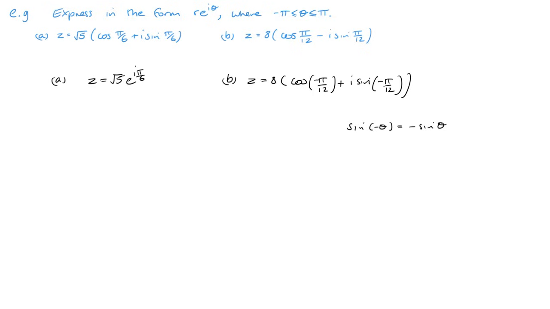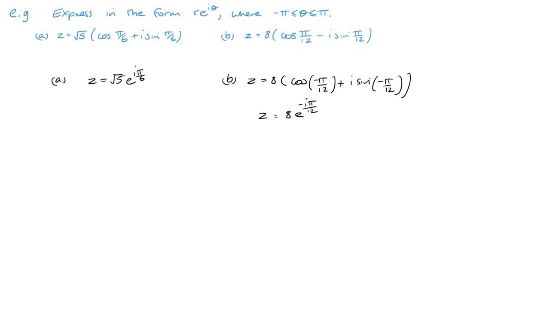So these two things are interchangeable. That's what I do there, changing it so it works in the same form with a plus here, and then I've got my form, 8 e to the minus i pi over 12. So that's the second one, and that's in the correct form.